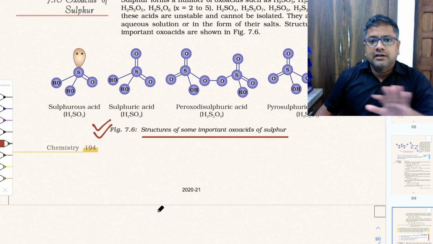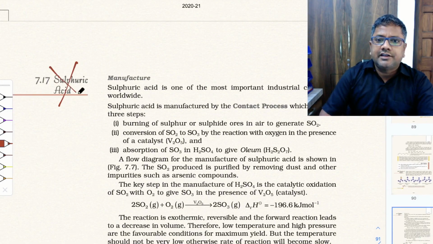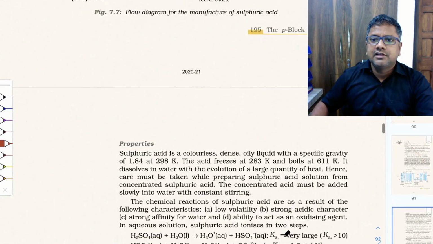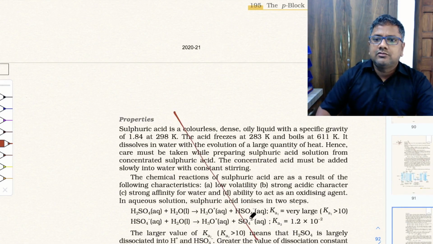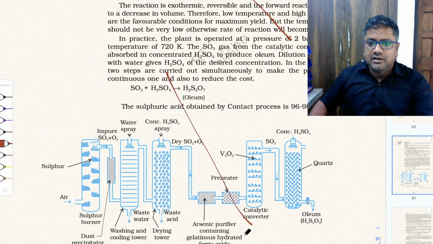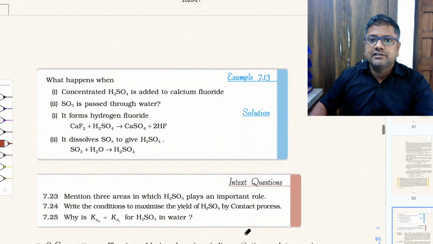Only structure. Now see, sulfuric acid manufacturing, this is deleted. This is not in your syllabus, right? No need to go through this lengthy process of manufacturing of this sulfuric acid, right?